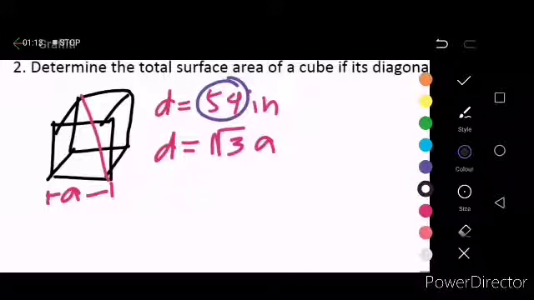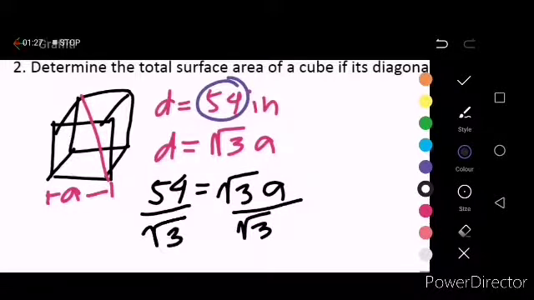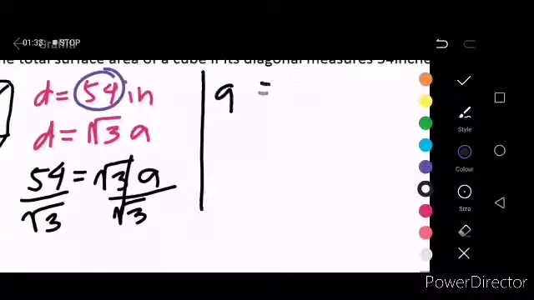So, tama, we need to solve for a first in this case. So, since the diagonal is 54, what is now the value of a? Dividing both sides by square root of 3 will give us the value of a as what? Cancel. So, a is equal to 54 over square root of 3.